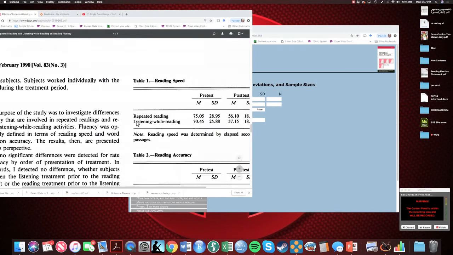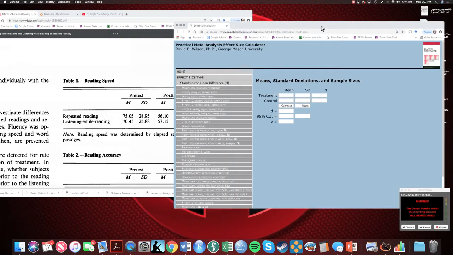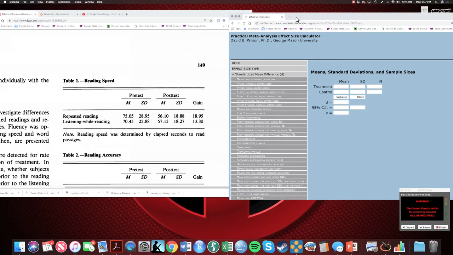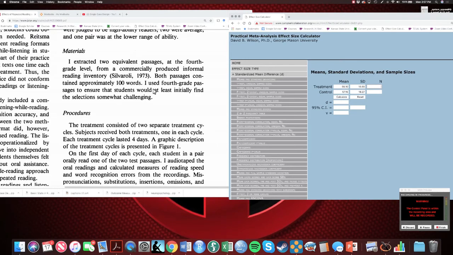Our treatment group was 56.10, standard deviation of 18.88, and then we need to figure out how many people were in each group. So I'll put the rest of this information in, 57.15, 18.27. Then I need to find how many were in each group.